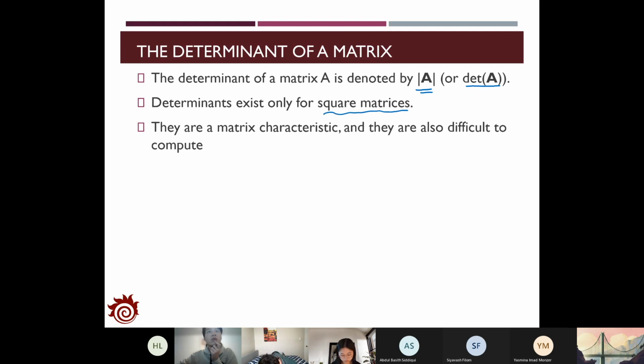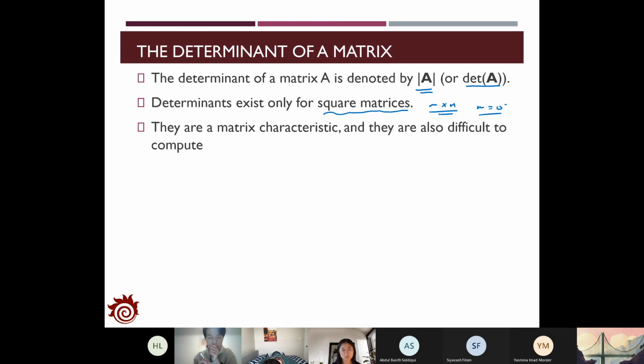So if the dimensions M and N are not the same, then we will not have any determinant. Only when M equals N will we have the determinant. As I said, it's also very difficult to compute, especially for high dimension matrices.